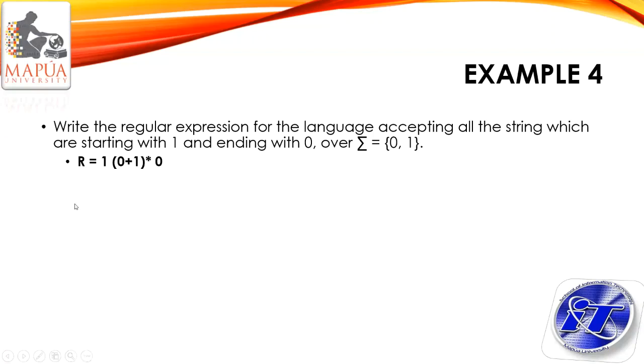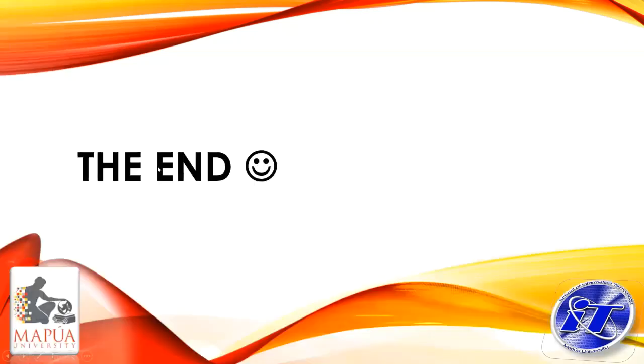So start with 1, then 0 union 1 asterisk. It means either 0 or 1 could be present or not, and then followed by 0. So this is example 4.